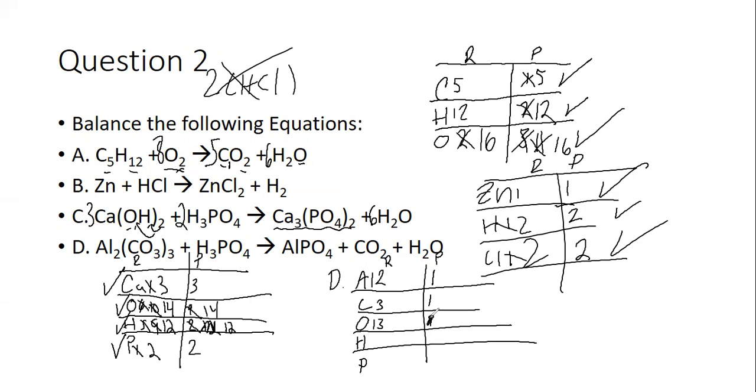Oh, I'm looking at the wrong one. Whoops. That is 7. 3 hydrogens and 2 hydrogens. 1 phosphorus and 1 phosphorus.